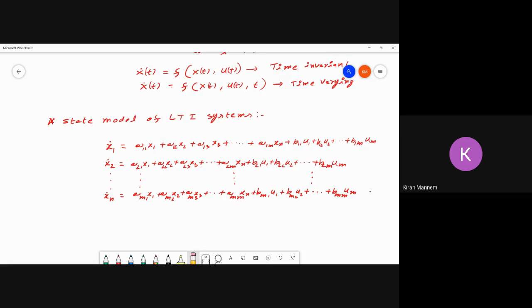It is AN XN, AN XN. This is also AN1, AN2, AN3, ANN. Right? Yeah. Now it's correct.